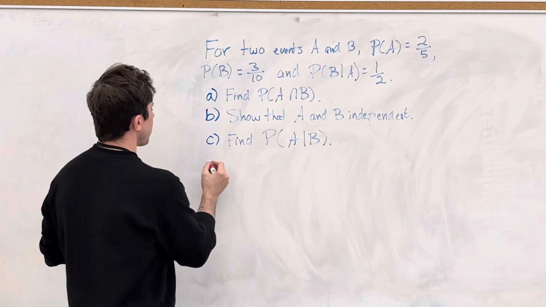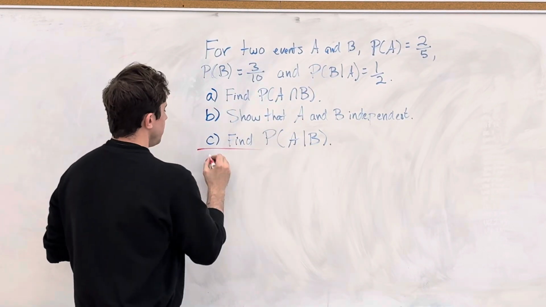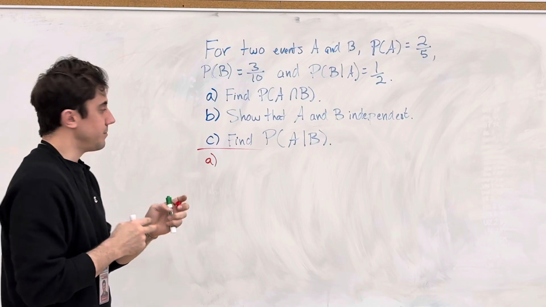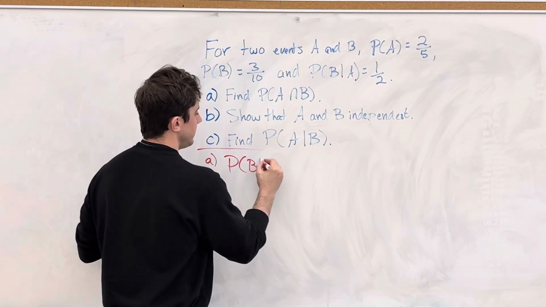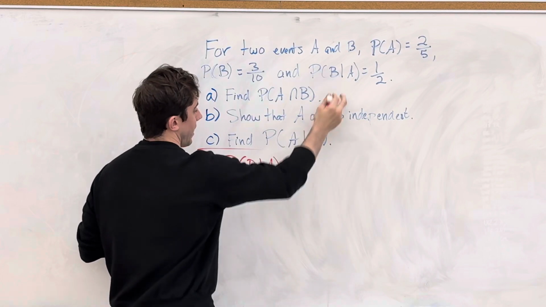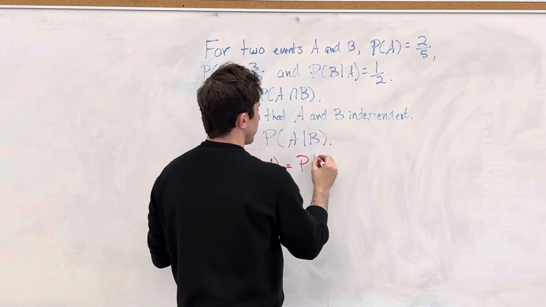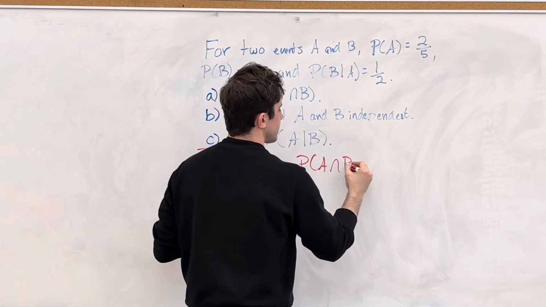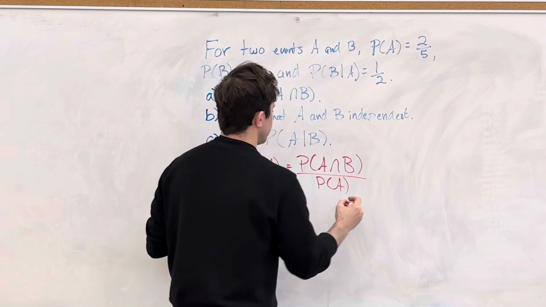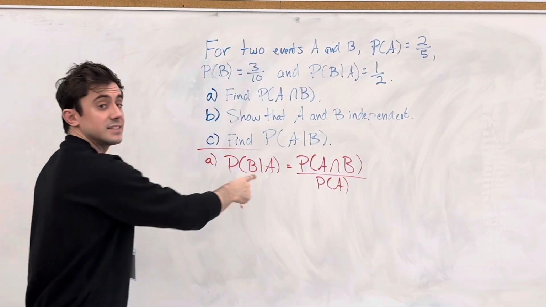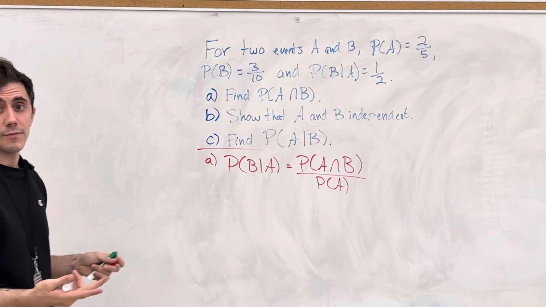And so for part A, we can rely on our equation that says the probability of B given A, which we have, is equal to the probability of A intersect B divided by the probability of A itself, being that A is given to have occurred.